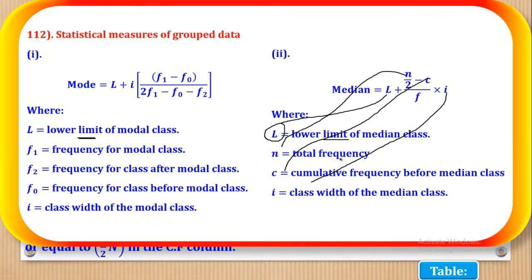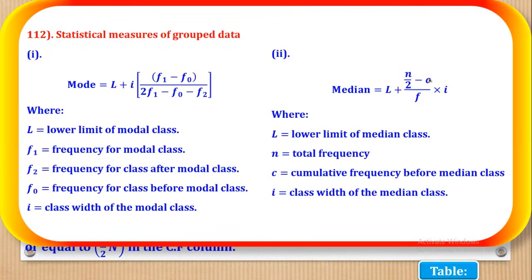So I think you see that their letters are a little different from ours, because in our case, we have said that C will always denote class width, but for them they are using I. Then we said class cumulative frequency will be denoted by capital C, capital F. For them they are using small c.